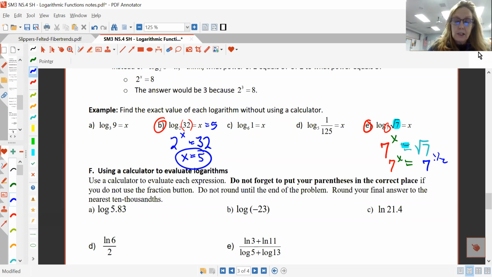And then since 7 is the base here, and that's exactly the same base as here, that means my two exponents, the x as an exponent and the 1/2 as an exponent, have to be the same value. So this one happens to be x is 1/2.